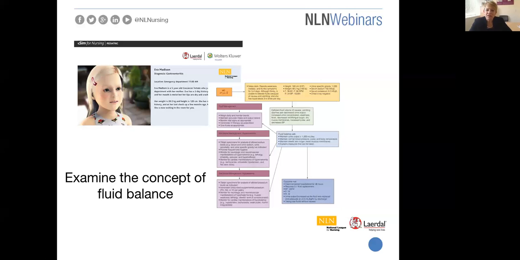Another thought is the notion of a concept-based curriculum. Many faculty and programs of study are moving to concept-based. And as we think about concepts, for instance, even in maternity and pediatric, concepts like fluid balance, something that's important for students to understand in different contexts.